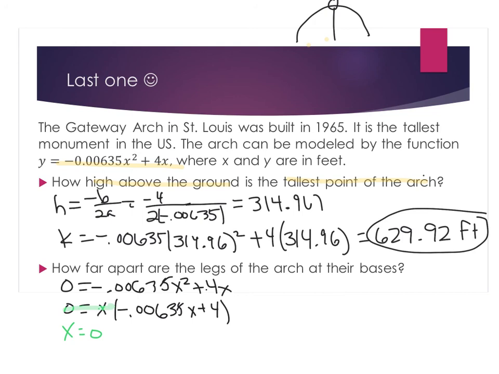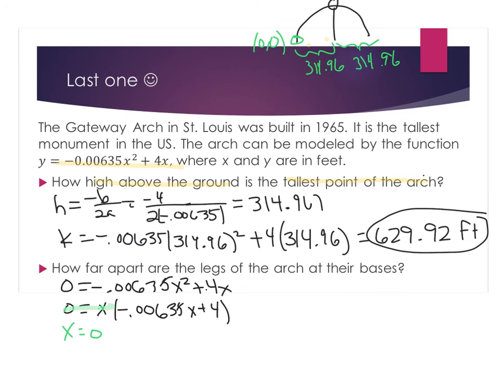Well, that means when x is 0, I'm at the origin. Okay, and we already know this distance is 314.96. So we know parabolas are symmetric, so we know this value is 314.96. So all we have to do is double it.